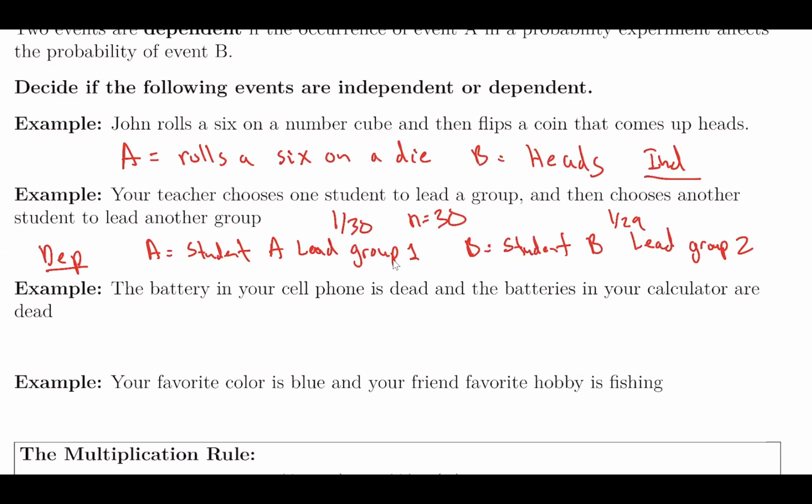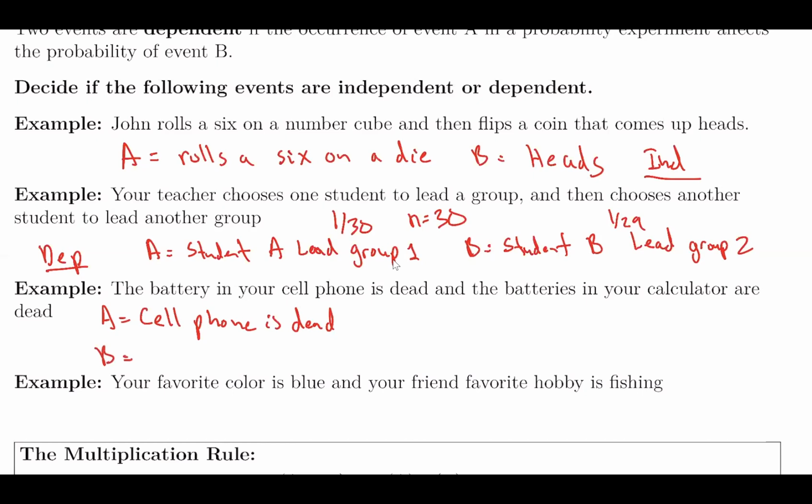All right, let's do the third problem. The third problem is a little bit trickier, depending on the situation. For this one, it said the battery in your cell phone is dead and the battery in your calculator is dead. So I'm going to say event A, we'll say cell phone is dead.